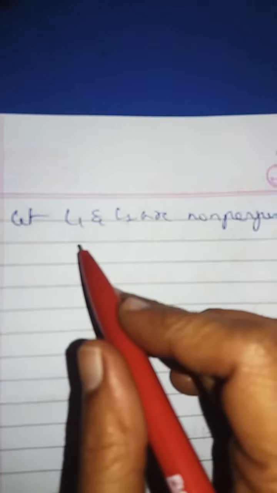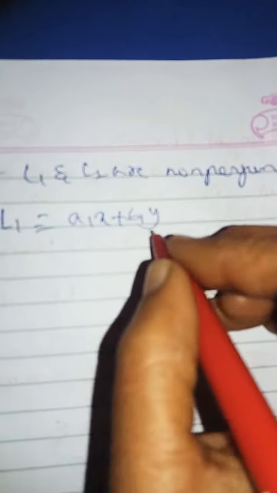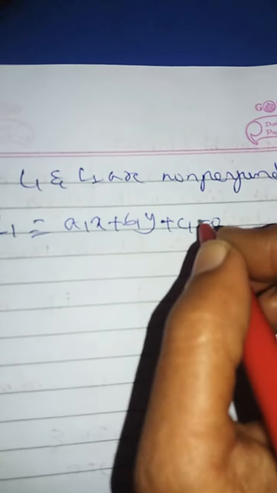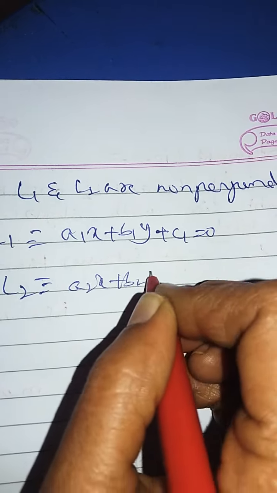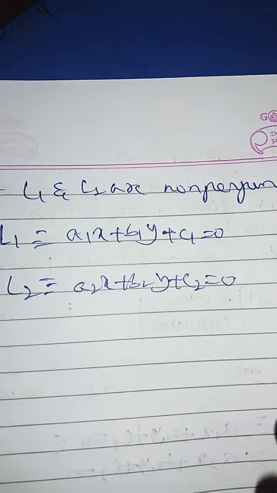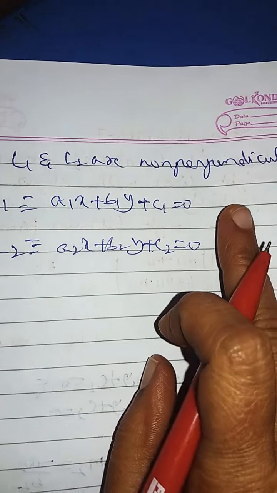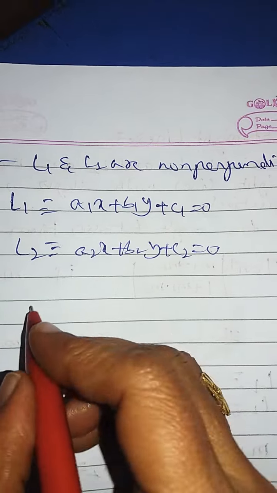Now the second case is, let L1 and L2 be non-perpendicular lines. L1 is a1x plus b1y plus c1 equal to 0, and the second line is a2x plus b2y plus c2 equal to 0. Now I have taken the two lines as non-perpendicular lines.